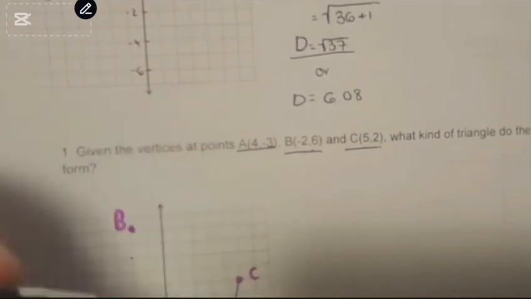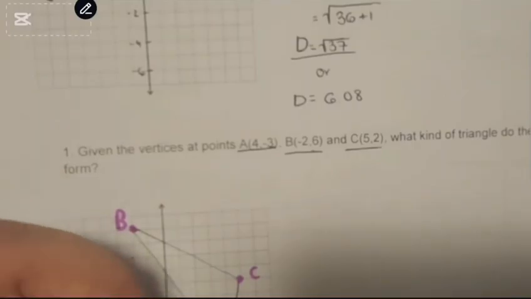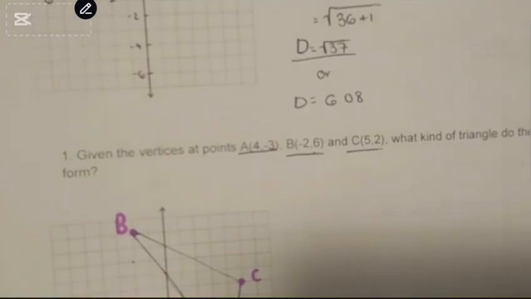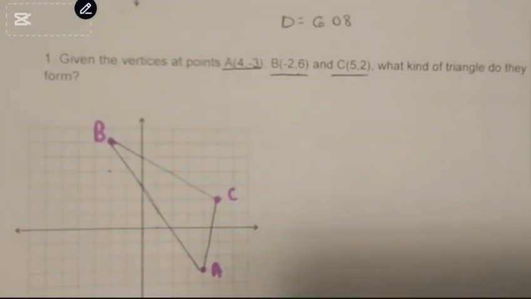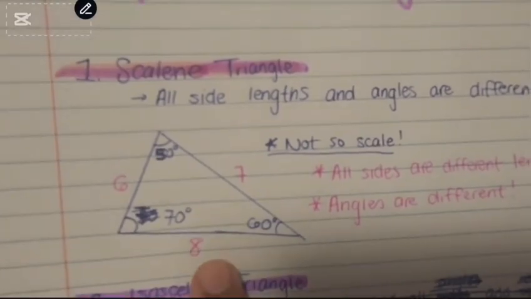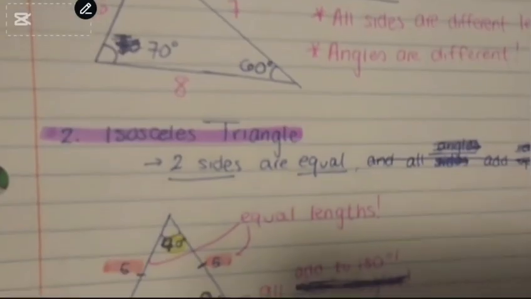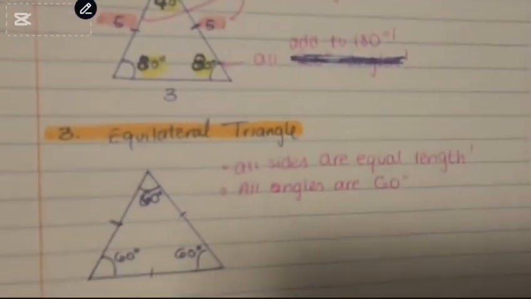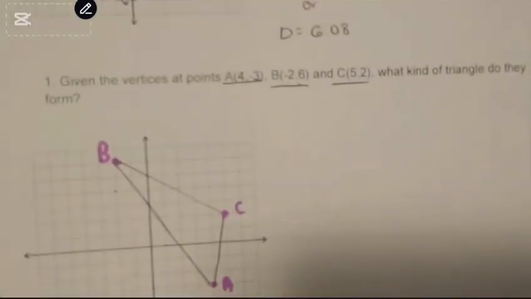Okay, so now what we have to do is add all the lines together. This is not exactly straight, but now we get this. I want you to imagine first what the triangle may be. From the options I gave here, would it be a scalene, an isosceles, or an equilateral?